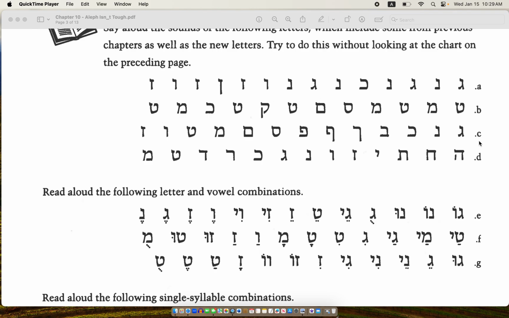Line C. Gimel, nun, chaf, vet, final chaf, final fe, samech, final mem, tet, vav, zayin.